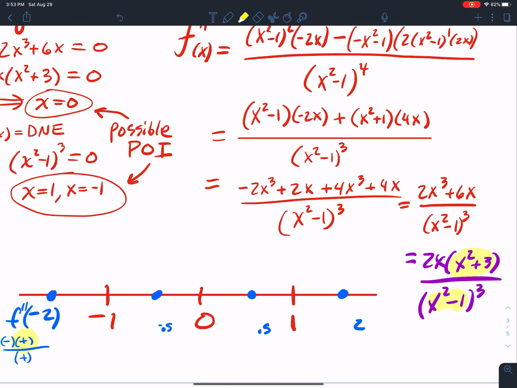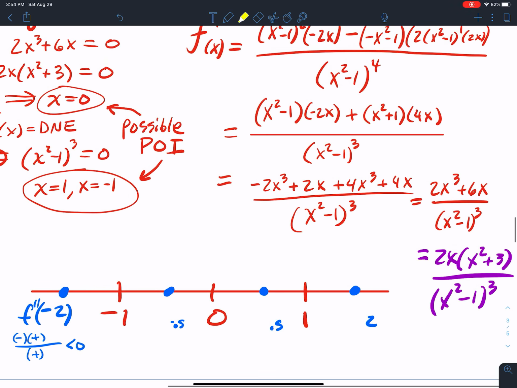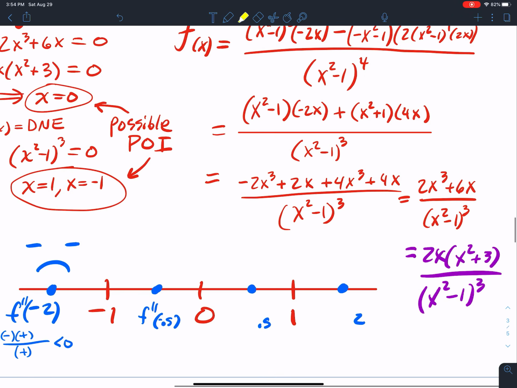And then if I plug in a negative 2 here, I square it, that's going to be 4 minus 1 is 3. 3 cubed is positive, so that's positive. So a negative number divided by a positive number is a negative. So if it's negative, it's concave down.